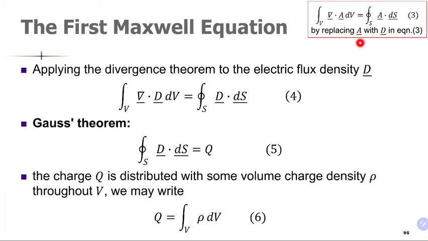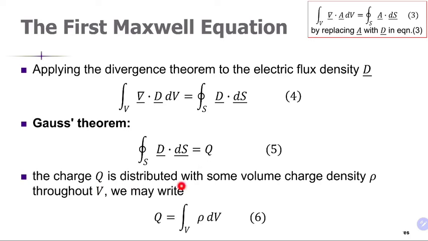We're simply replacing our vector field A with our electric flux density, and therefore we have the divergence of the electric flux density integrated over the volume V, and the electric flux density integrated over the closed surface S. And then we have our Gauss theorem or Gauss law, which is that the closed surface integral of the electric flux density has to be equal to the charge enclosed inside that closed surface. We'll look at this in the earlier topics on Gauss law.